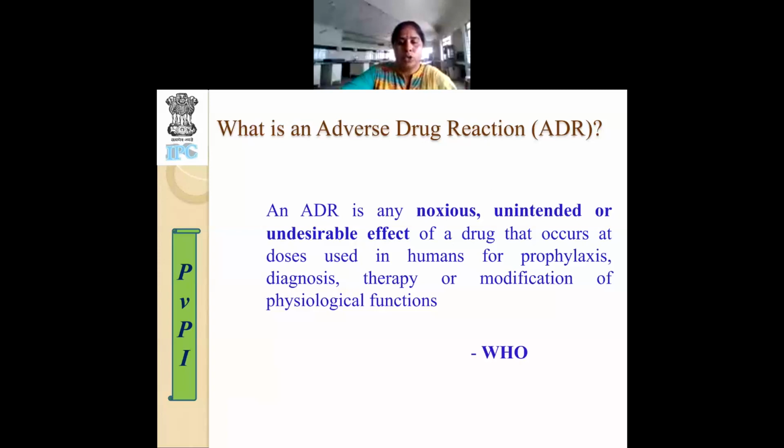Then it is said to be an adverse drug reaction. The drug may be given to humans for prophylaxis, diagnosis, treatment, or modification of a physiological function. In any of these conditions, if the patient develops an undesirable effect, it is called an adverse drug reaction as per the WHO definition. Am I clear? Am I audible?